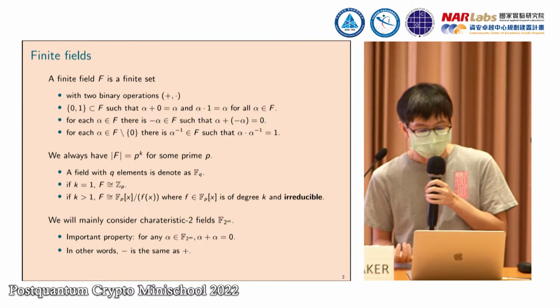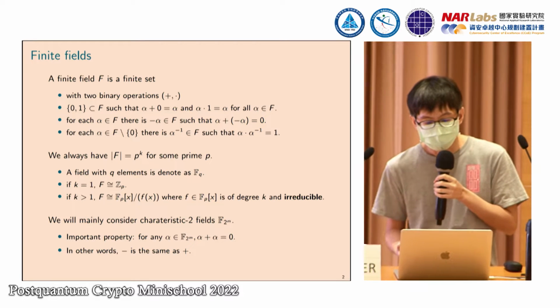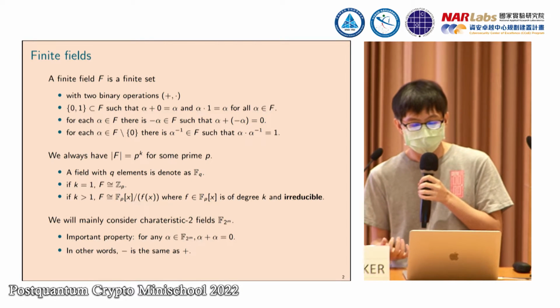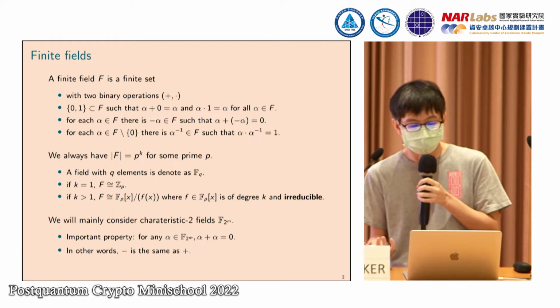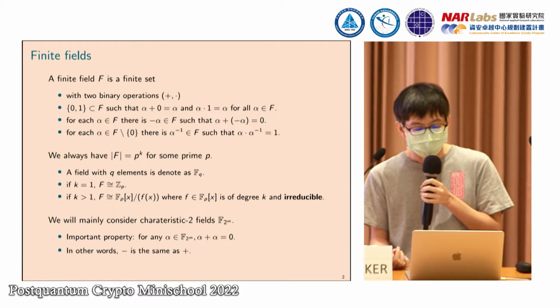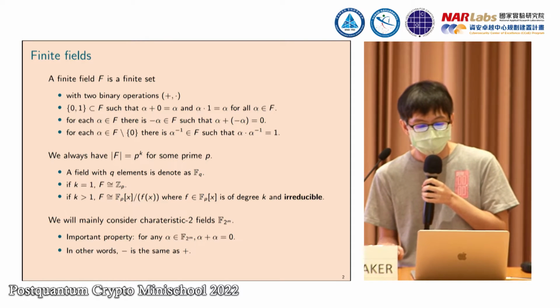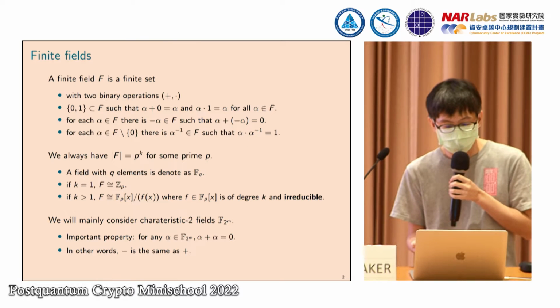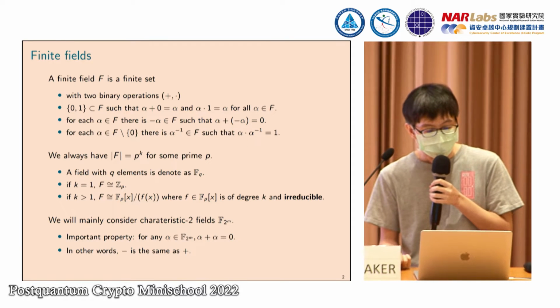And in this talk, we'll mainly talk about characteristic 2 fields. These are the fields where p is equal to 2. And of course, F_2 is one case. One important property is that for any element in a characteristic 2 field, you have alpha plus alpha equal to 0.